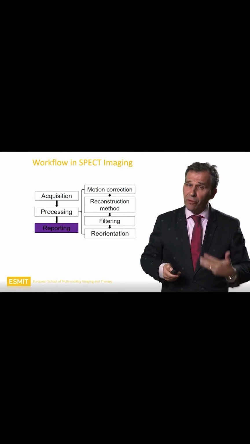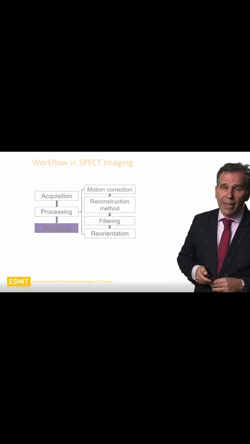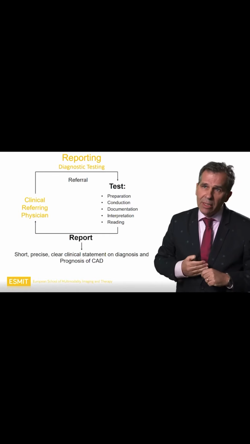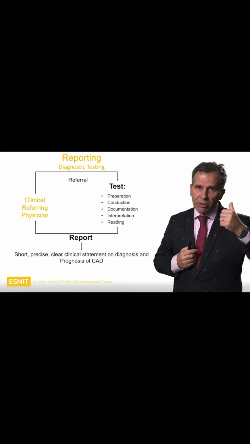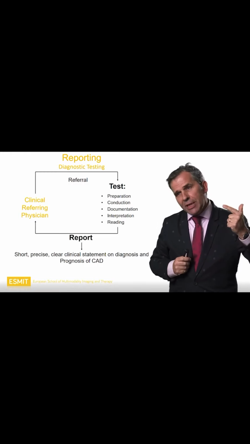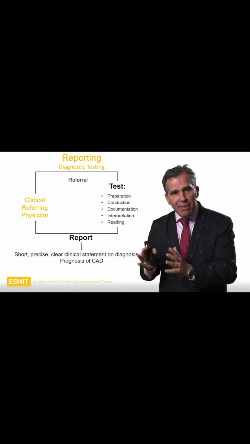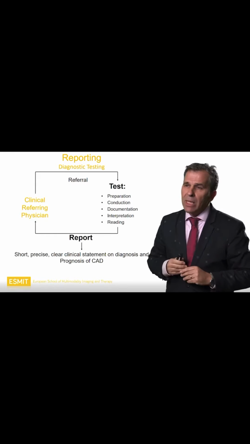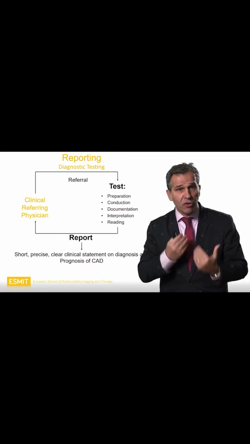Finally, this is reporting for the nuclear physician, and maybe it's feasible with the cardiologist, which is better. Why? Because in fact, what do we need in a clinical referring report? The report should be short, should be precise, should be clear for the clinician with the statements of the diagnosis. That means ischemia, infarction, both, or normal. And sometimes you can also put in your report the prognosis on the stress acquisition.